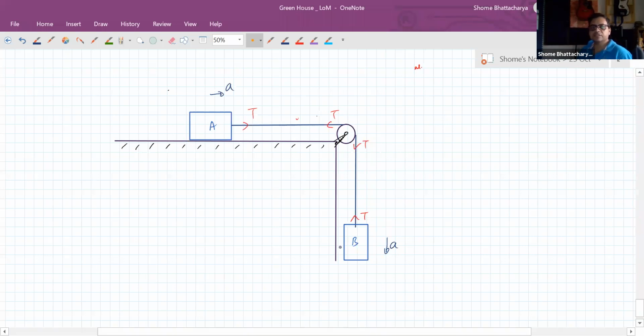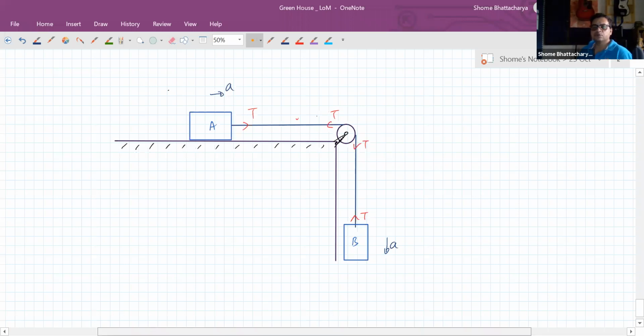Because the thread is of fixed length. In a certain interval of time, if B comes down by a centimeter, A will have to move by 1 centimeter. If B has a certain velocity, A will also have exactly the same velocity in magnitude. So they have identical accelerations, identical velocities, identical displacements in magnitude, though one is moving horizontally and the other vertically.